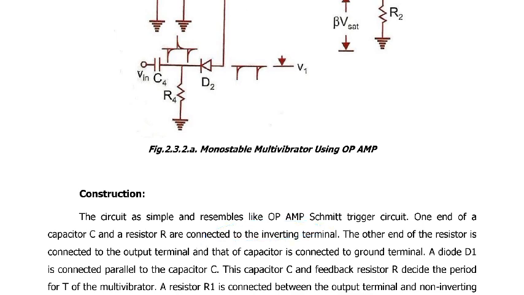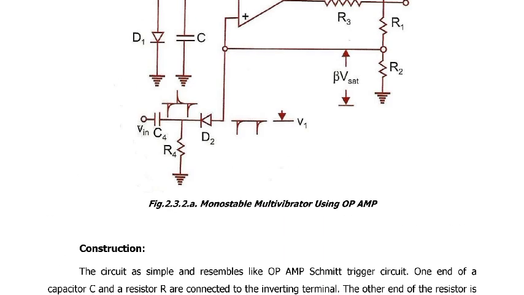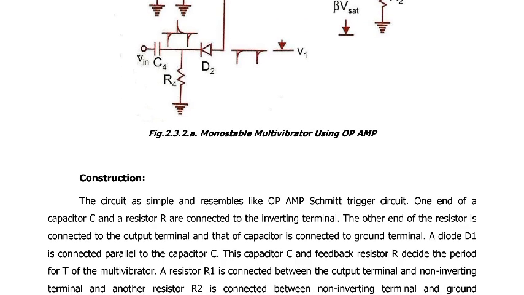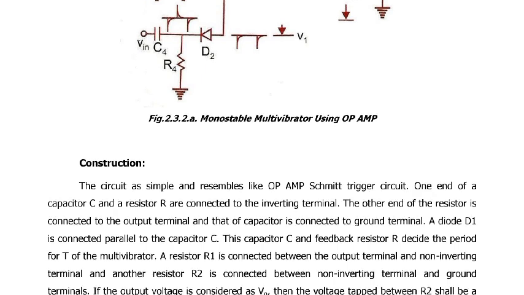At the other end, the resistors are connected to the output terminal. Resistor 1 and resistor 2 are connected to the output terminals, and the capacitor is connected to ground. A diode D1 is connected in parallel to the capacitor C.